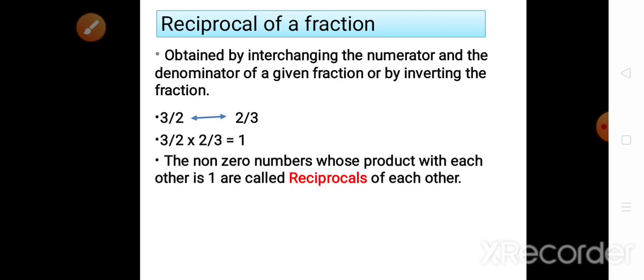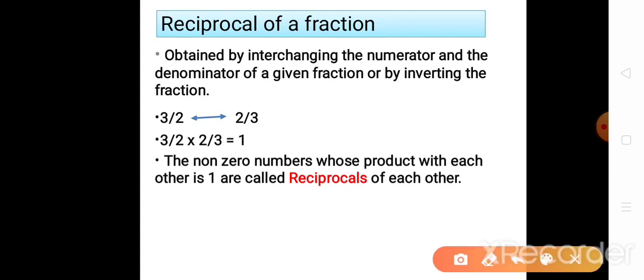So this is the definition of the term reciprocal. Now if you have noticed here, a number has been given instead of a fraction. And why this is so, I'm going to explain to you now.